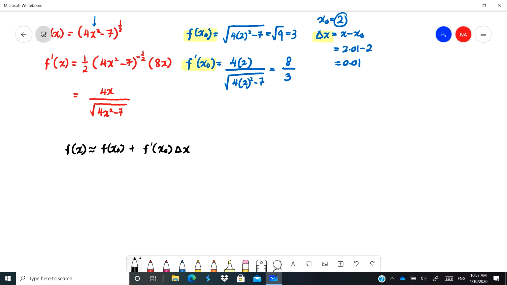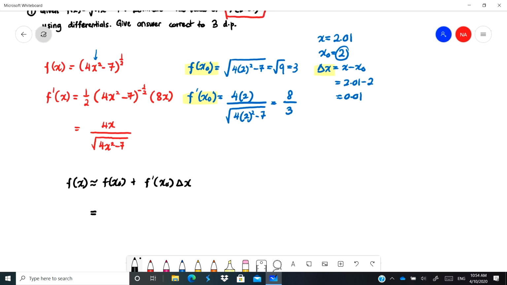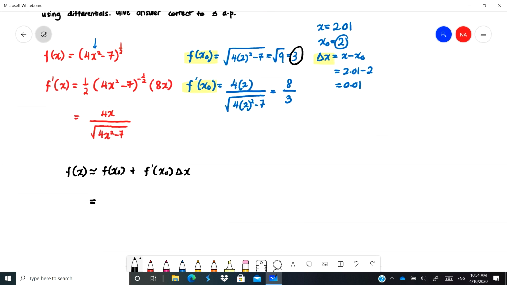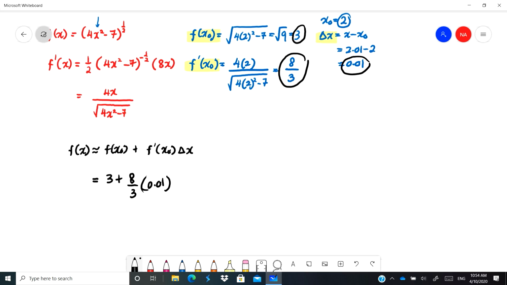So we'll have f(x naught) given by 3, plus f prime x naught given by 8 over 3, and then we'll multiply with 0.01. Sorry, delta x is actually 0.01, given here. So press your calculator, you'll get 3 plus 8 over 3 multiplied by 0.01.